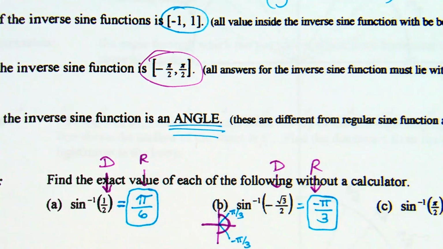We would just give π/3. But it says negative square root of 3 over 2. So negative square root of 3 over 2 is going to push us down to quadrant 4, right? Because this is where sine is negative. Remember, all students take calculus. Sine is positive in quadrant 1, negative in quadrant 4. Now, what is the equivalence of π/3 up above?